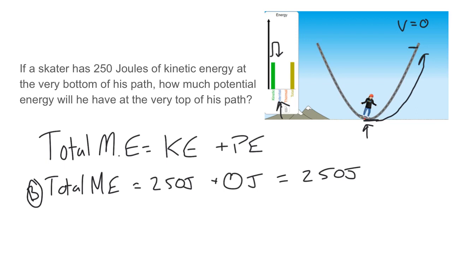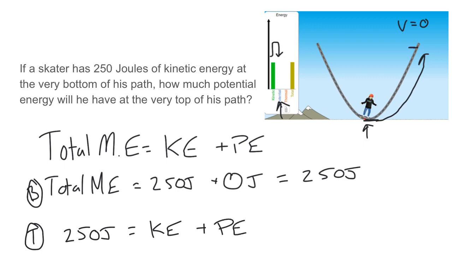And so we know that that total mechanical energy, the amount of energy in this system, isn't going to change. And so when we start looking at what his potential energy is going to be at the top, I'm going to label this one T. I know that his energy has to be 250 because it's not going to change this whole time through his path. Well, I know that that has to equal his kinetic energy plus his potential energy. Now, we already said that when he's at the very top, his velocity is 0.